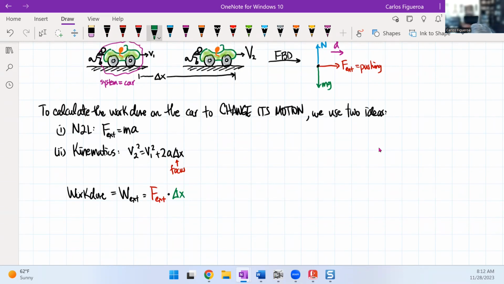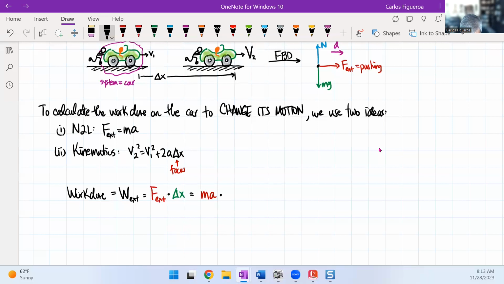We replace the external force with the mass times the acceleration. Next, we replace this delta x with that kinematic equation.